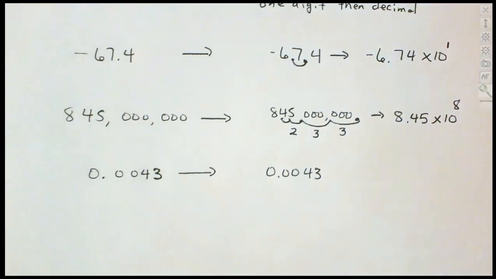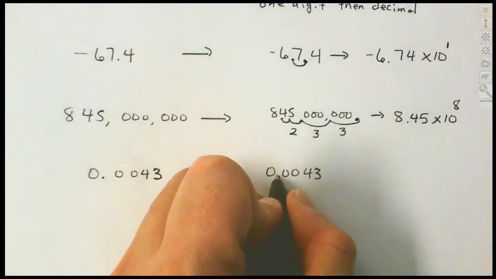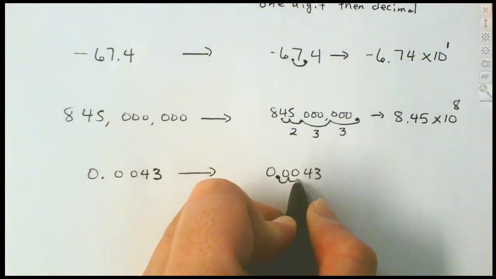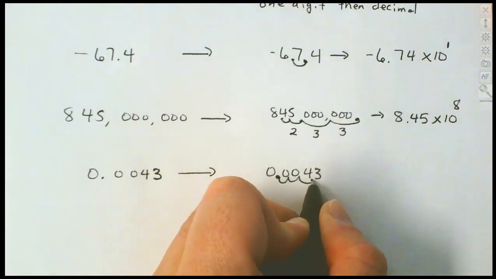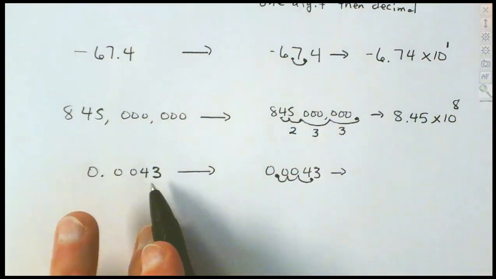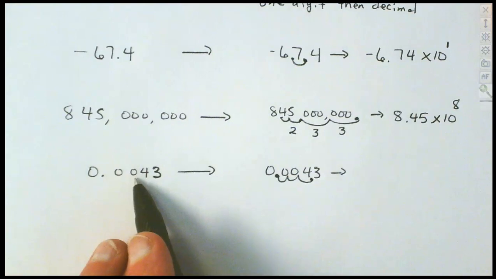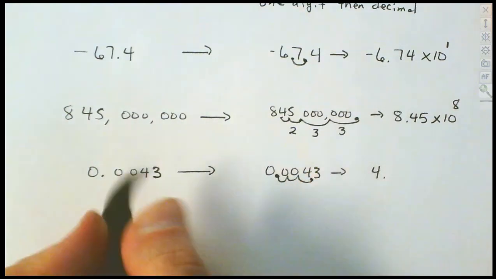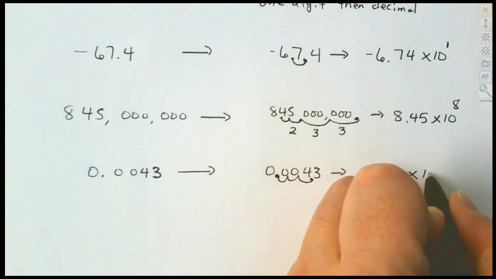So where's our decimal? Our decimal point is right here, and we're going to have to go 1, 2, 3 places, and we're moving it to the right because it's less than 1, so it's a small value. So that would be 4.3 now, and that's going to be times 10.